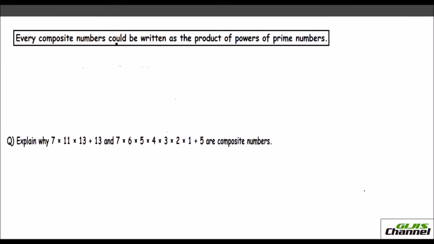Every composite number could be written as the product of powers of prime numbers. You have two types of numbers, right? So I just segregate numbers as prime and composite. I hope all of you know what is a prime number. A number which is divisible by itself and by one alone is called a prime number.